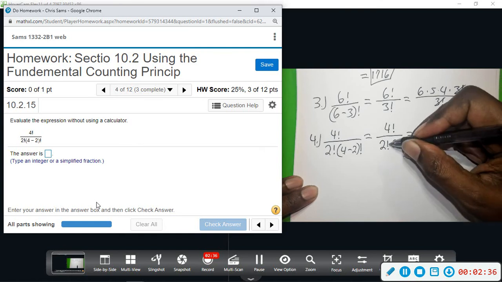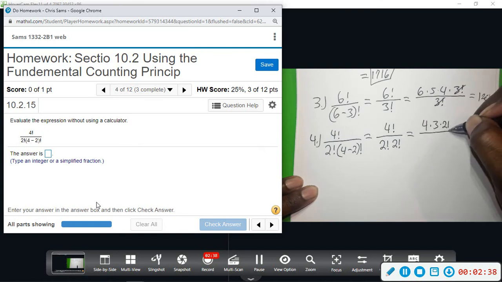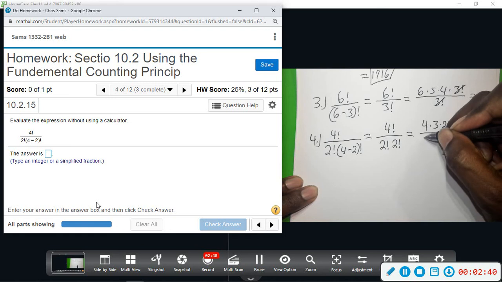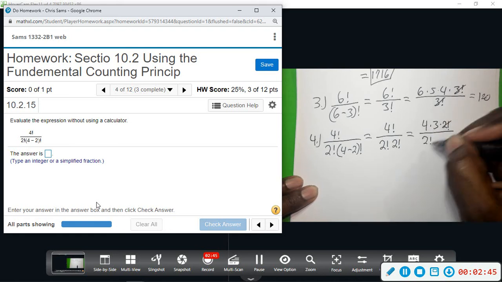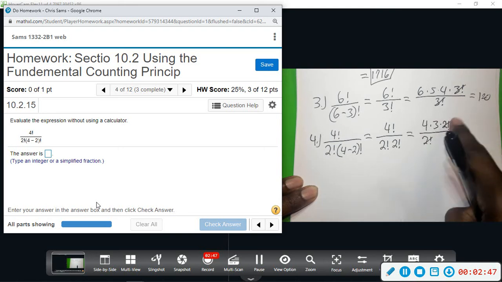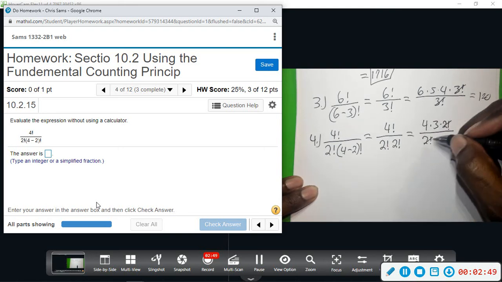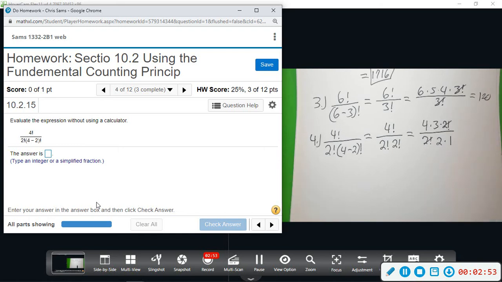I'm going to stop because that's the largest number, so I'm going to say 2 factorial. That 2 factorial will cancel out this first 2 factorial, but I had a second one on the bottom. It doesn't cancel out both of them, just one. So this other 2 factorial, we're going to spell out 2 times 1.